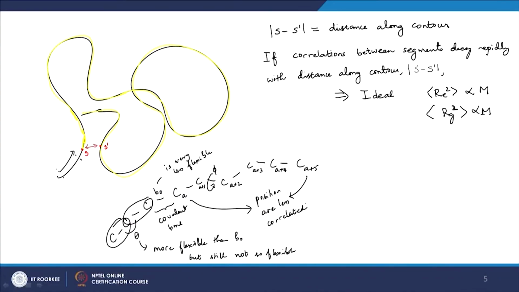For example, you can have a situation where you have a negative charge here and a positive charge here. Even if these two are distant along the contour, since they are physically close and have opposite charges, there will be large attraction between them, which is not being considered in the ideal chain model.